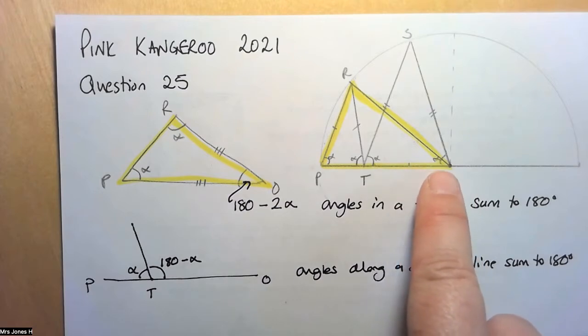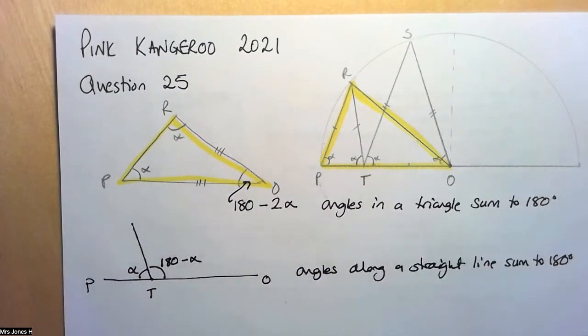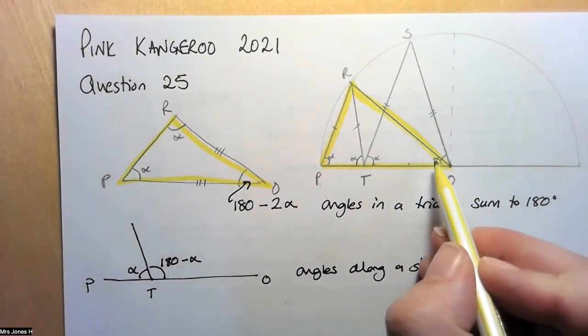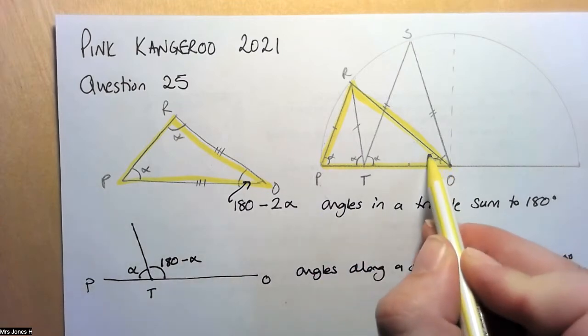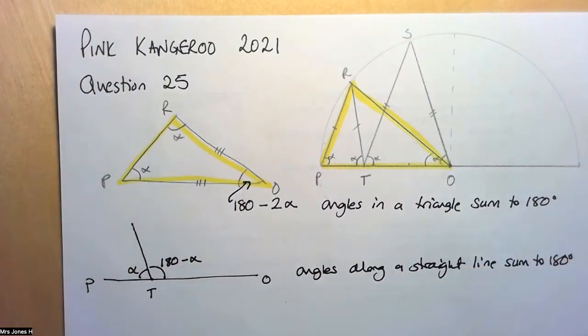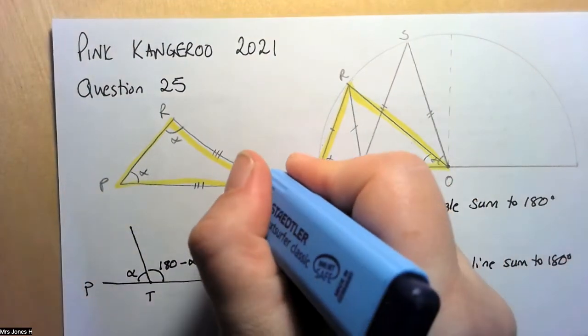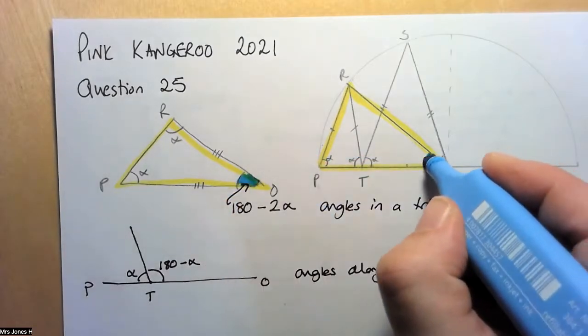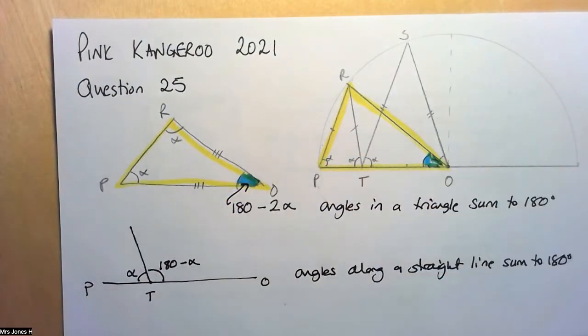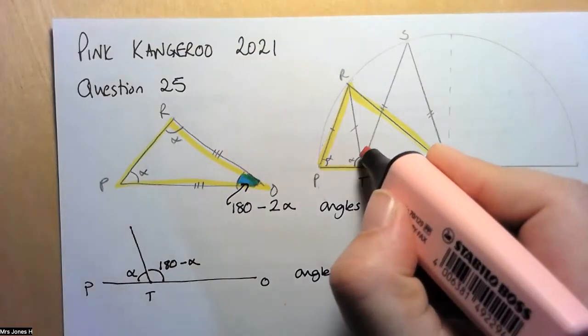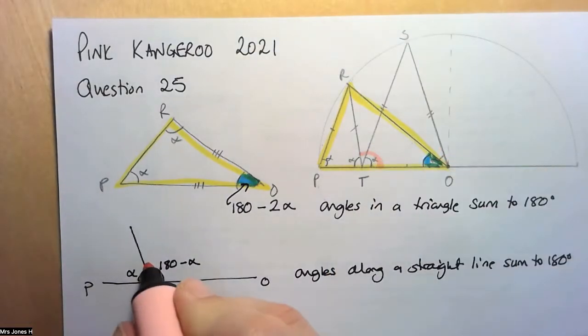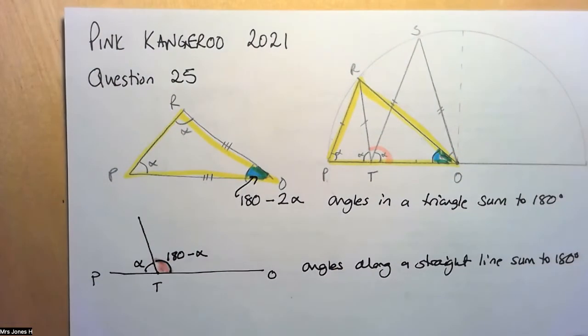We then have a triangle where we know this angle in here, because that's that angle just there. I'll just colour that in. We also know this whole angle, because that's that angle in here.